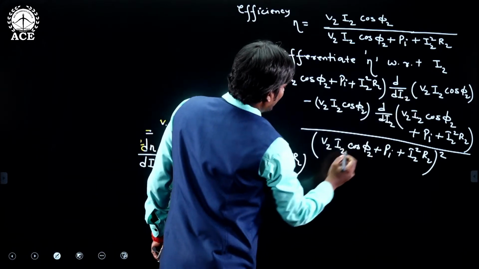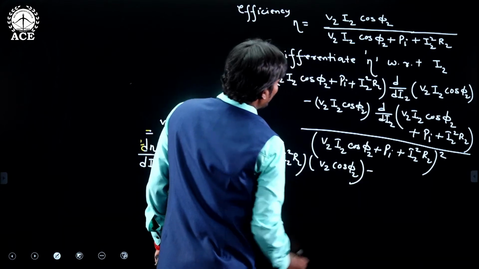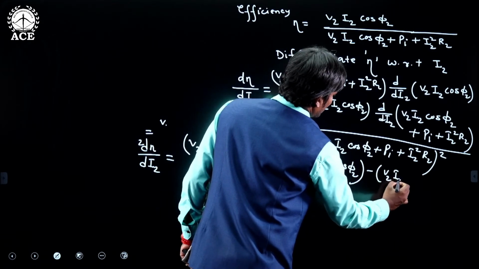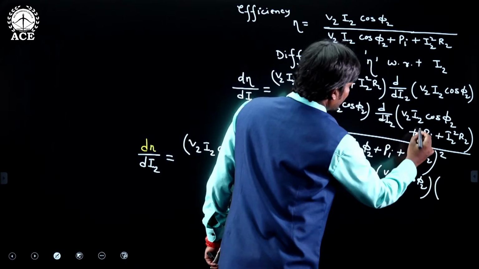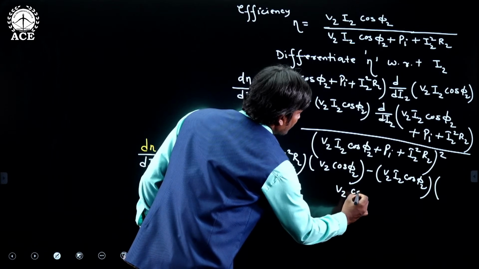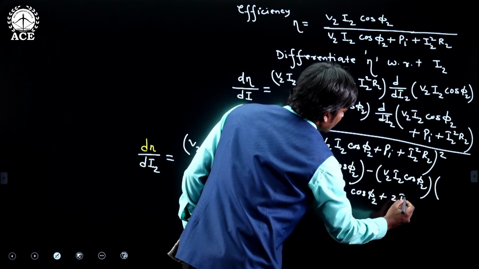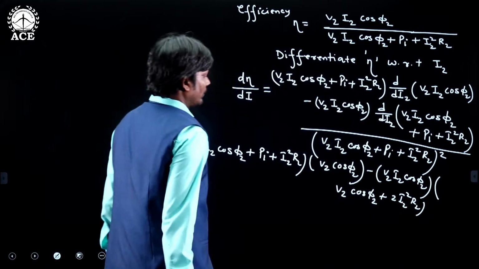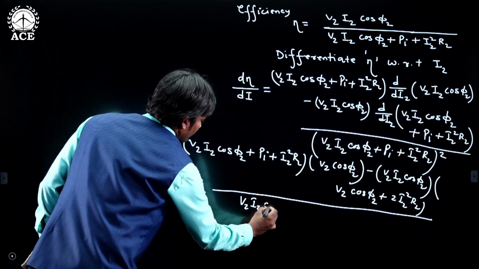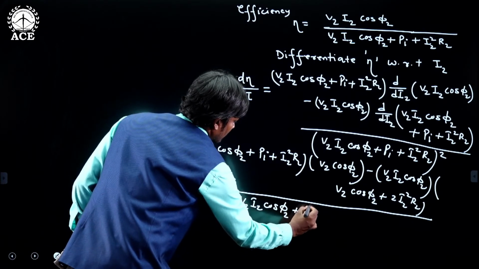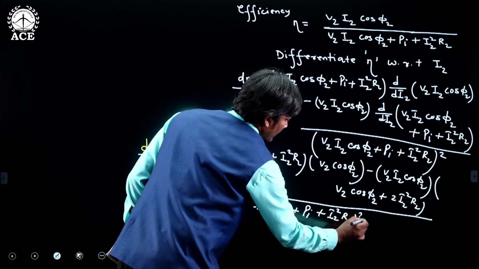Now differentiate the numerator, you will get V2 cos phi 2, minus V2 I2 cos phi 2 into the derivative of the denominator, V2 cos phi 2 plus 0 plus 2 I2 R2, divided by the whole denominator squared.